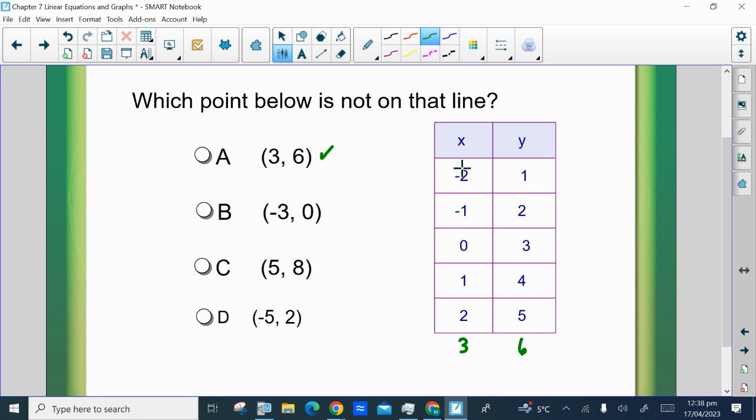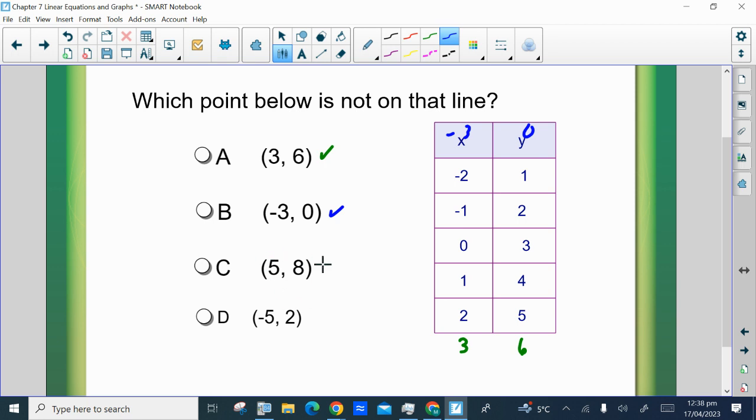As you go down the table, x increases by 1 and y increases by 1. So as you go up the table, they'll both decrease by 1. An x value of negative 3 would give us a y value of 0, which is point B. So that is a point on the graph. So that's not our answer.